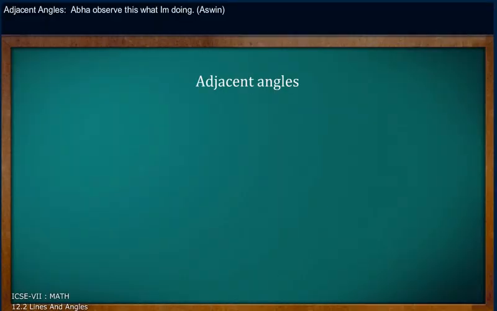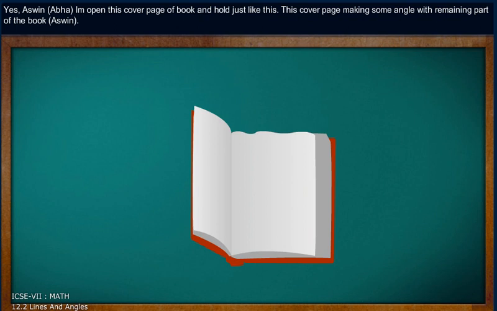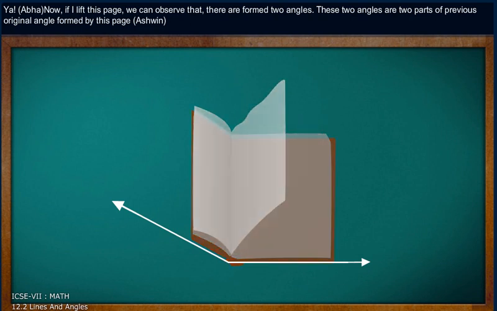Adjacent angles. Ashwin says, Abha, observe what I am doing. Yes, Ashwin. Now Ashwin says, I have opened this cover page of the book and hold it just like this. This cover page is making some angle with the remaining part of the book. Now, if I lift this page, we can observe that two angles are formed.